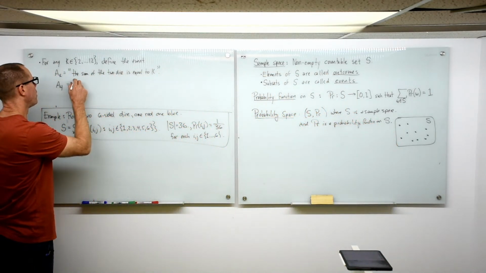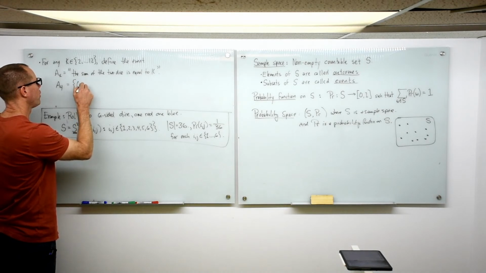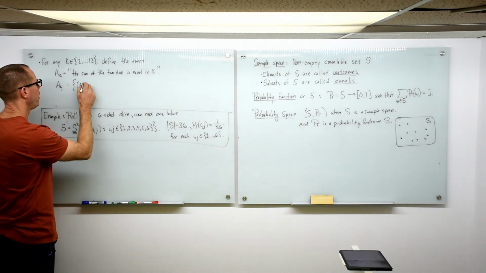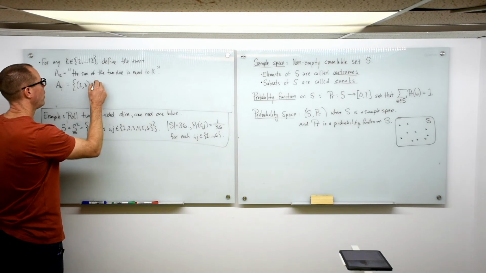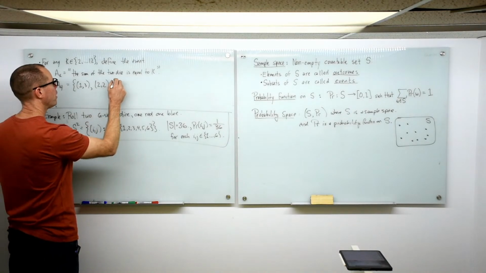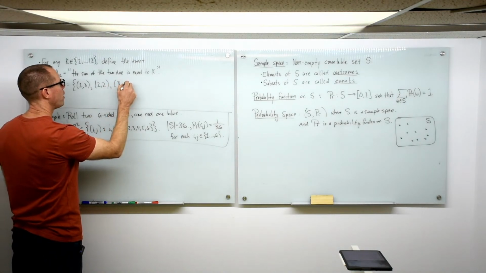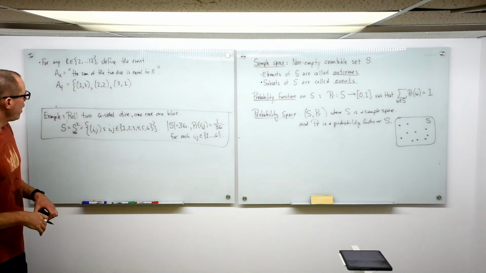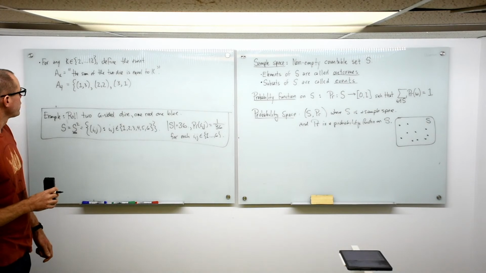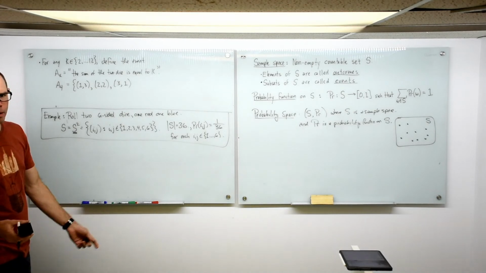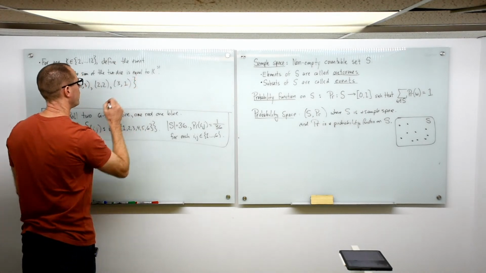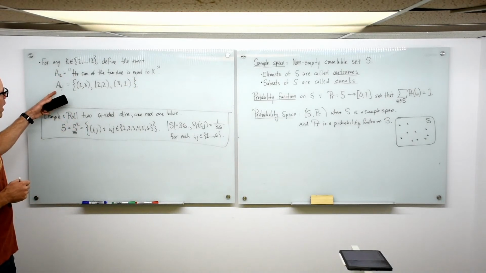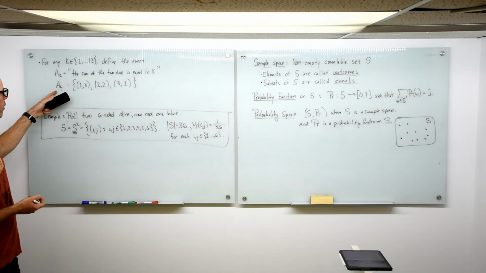The first could be a 1 and the other a 3, those add to 4. Or the first is a 2 and the other is also a 2. Or the first is a 3 and the other is a 1. And now there are no more options, because if the first thing I roll is a 4, then it doesn't matter what happens after that, I'm going to get something bigger than 4. So that's the event A4: the sum of the two dice is equal to 4.